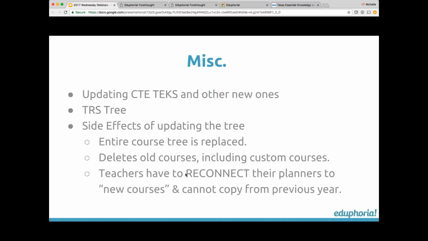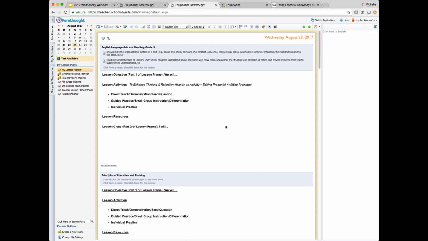The other thing is that teachers will have to go in and update their lesson planners. So if, let's say, you said, Michelle, we really want to have the new tree. Our teachers are okay with it.